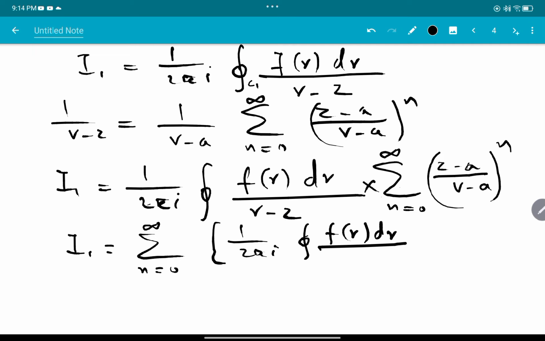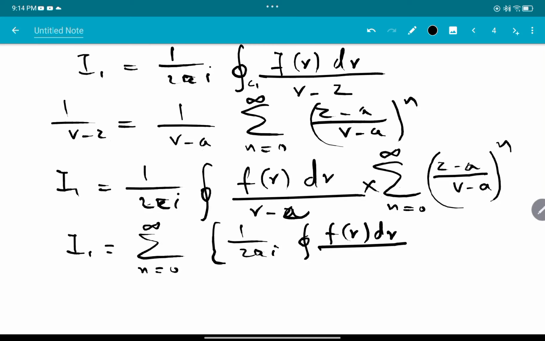Sorry, we have done something wrong somewhere. We had 1 by gamma minus z, and in that place we had this quantity 1 by gamma minus a into this. What I have done here is substitute this much, but not this much. In place of 1 by gamma minus z, I had to write 1 by gamma minus a into this.